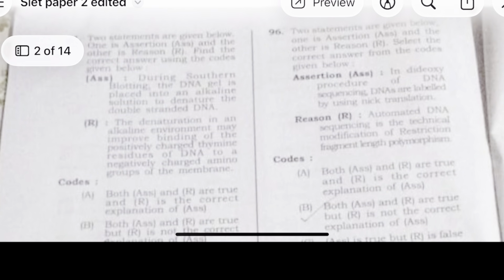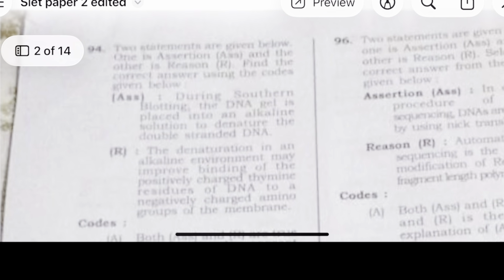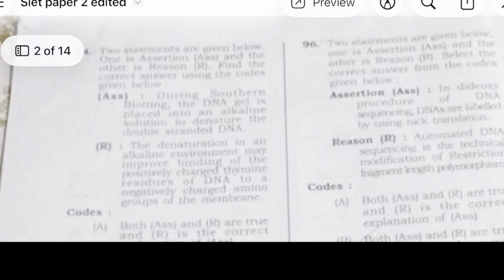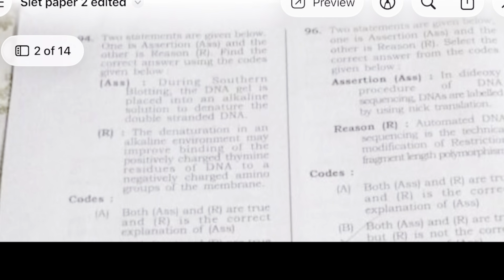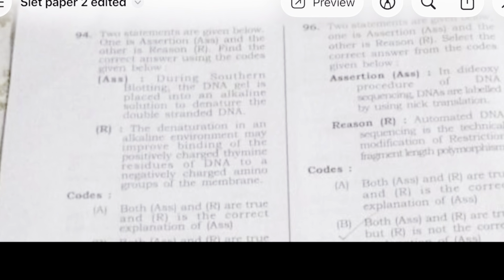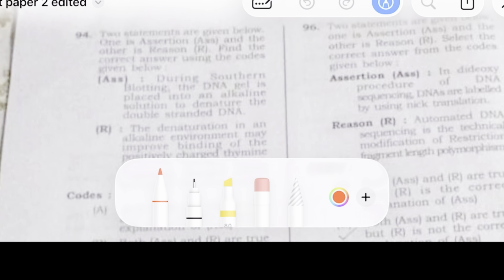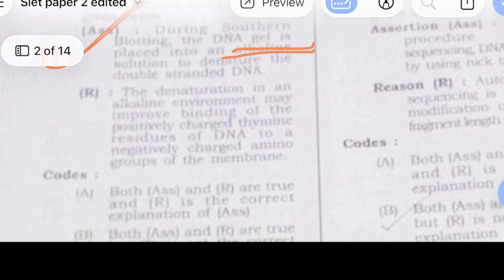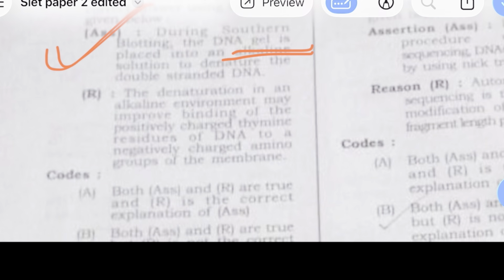The next question is saying that during Southern blotting, the DNA gel is placed into alkaline solution to denature the double-stranded DNA. Yes, it is true. In order to denature the double-stranded DNA into single-strand, alkaline solution is used. Assertion is true. The reason is saying that the denaturation in an alkaline environment improves the binding of positively charged thymine of DNA.